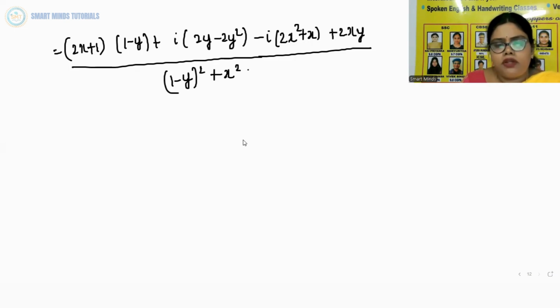And what is given to us? Now from this, let us separate real and imaginary parts.